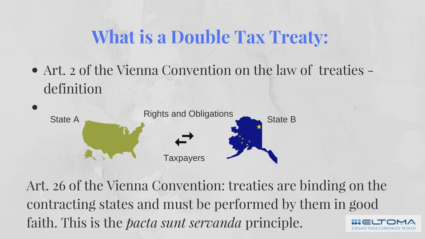Bilateral tax treaties confer rights and impose obligations on the two contracting states, but not on third parties such as taxpayers. However, tax treaties are obviously intended to benefit taxpayers of the contracting states. Whether treaties do so or not depends on the domestic law of each state. In some states, treaties are self-executing.